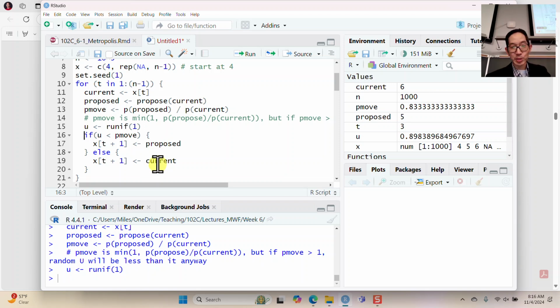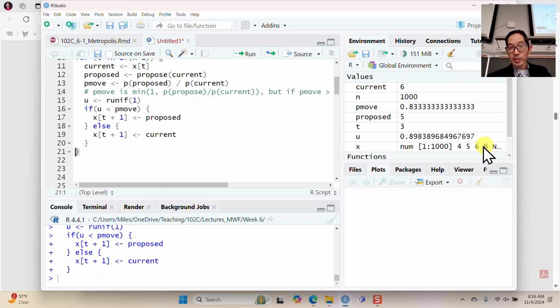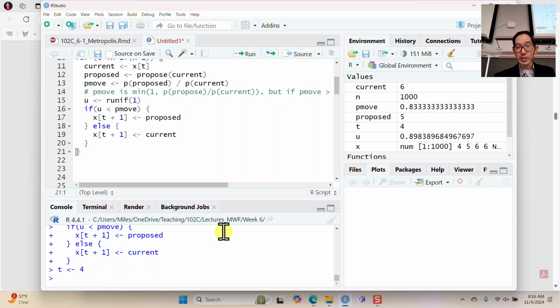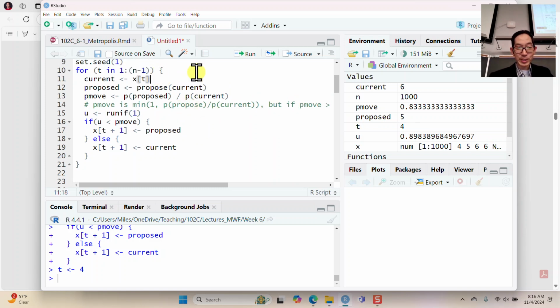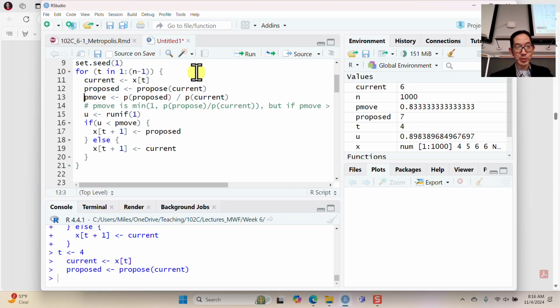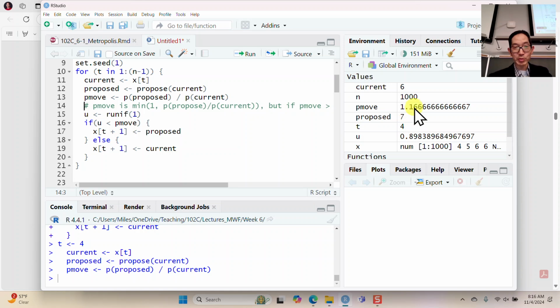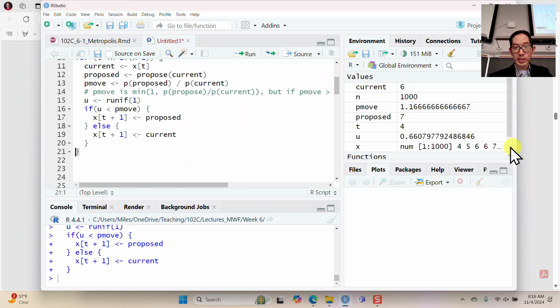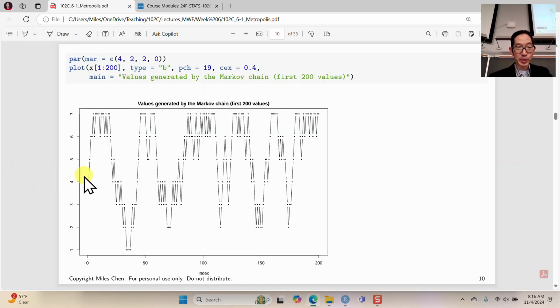I'm going to keep the current value, so I get another 6. Then we'll go to the next iteration of T. My current value is 6. The proposed value is 7, so my P move is going to be greater than 1. I'm definitely going to go there. So this is what we have: 4, 5, 6, 6, 7.